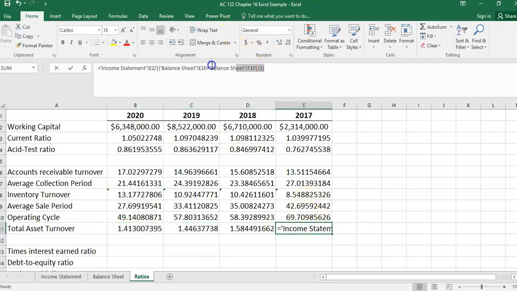Take that across to copy it so it's faster to copy formulas. So what this tells us is for every dollar we have in assets, we are able to generate approximately $1.40 in sales.